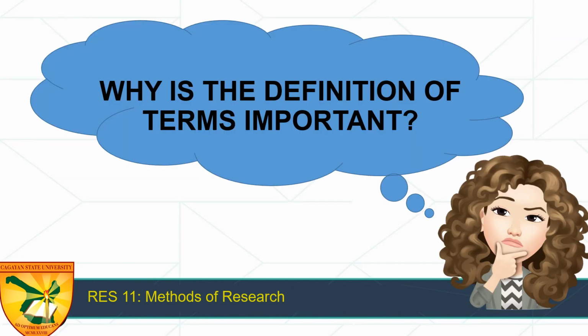Why is the definition of terms important? It is important to define all unusual terms that could be misinterpreted in your study. This is done to standardize the data and to make sure that you are on the same page with your readers. So the only way to ensure that the data is consistent is by means of a detailed operational definition of terms.